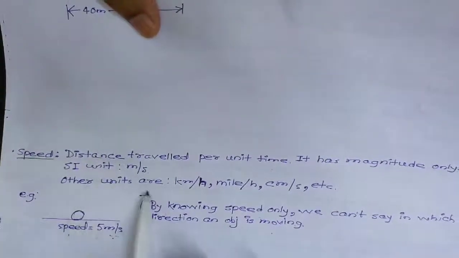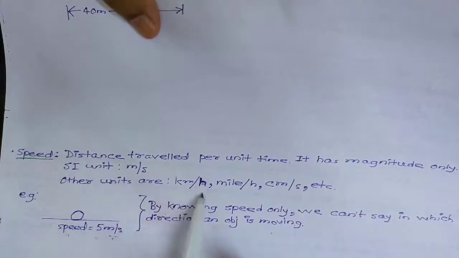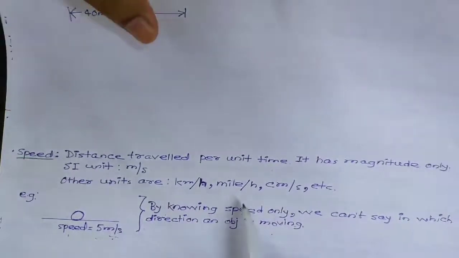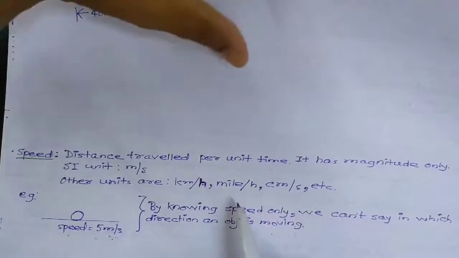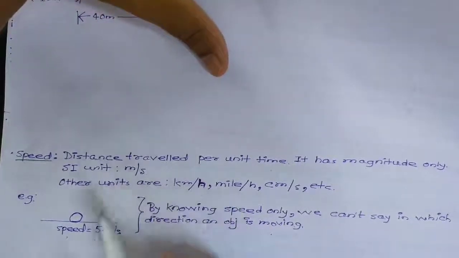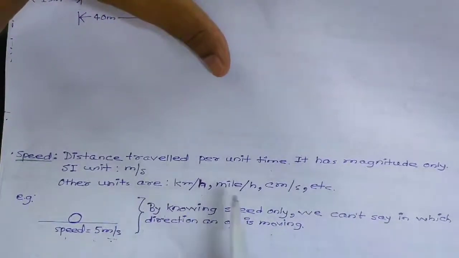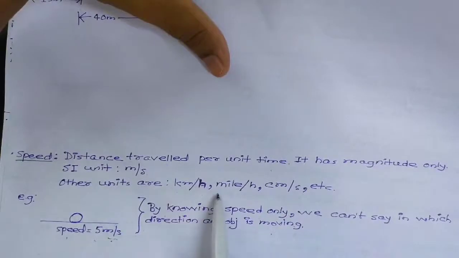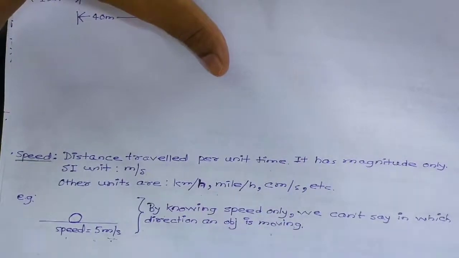So other units of speed can be kilometer per hour. You must have come across this term while watching cricket matches or driving. You must be knowing this: kilometer per hour, mile per hour, centimeter per second.